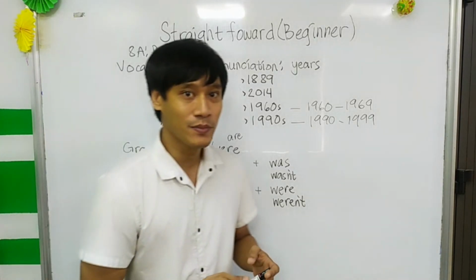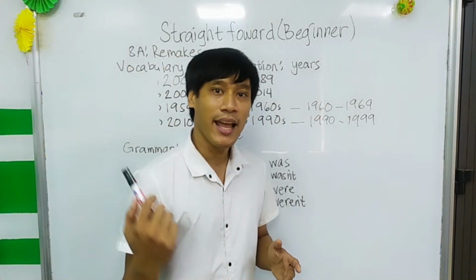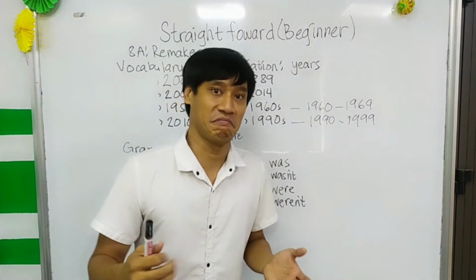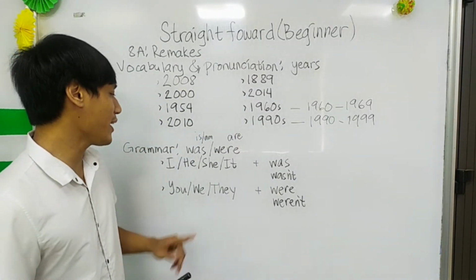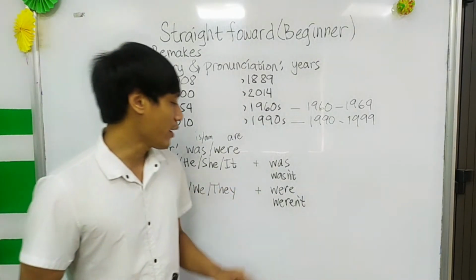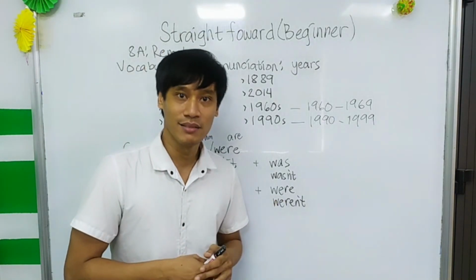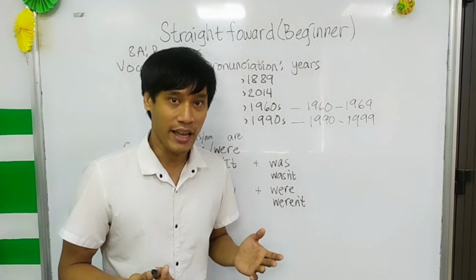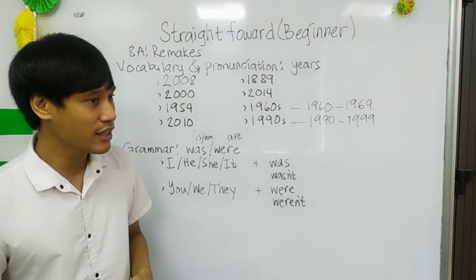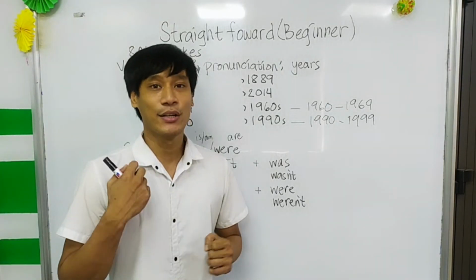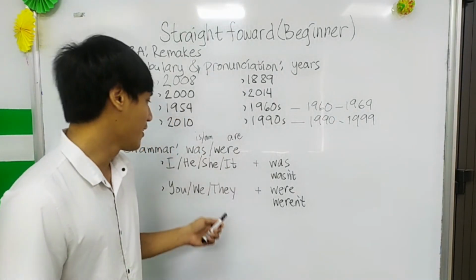How about you? You were born in 1985, for example. We weren't eating rice. We were eating noodles.